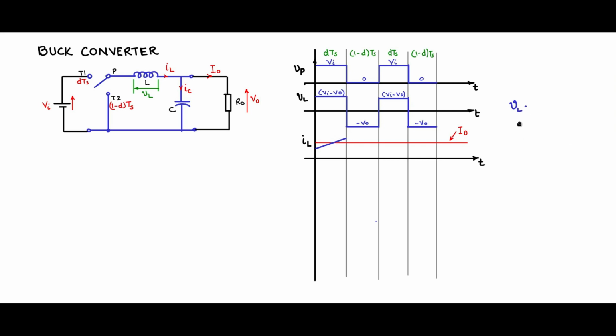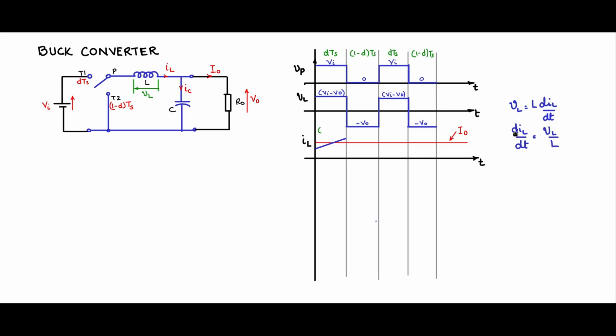That is obtained from the Faraday's law. Voltage across the inductor is given by L dIL by dt. This means that dIL by dt has a slope of VL by L. Now if you see here, the voltage VL during the DTS period is a fixed constant value Vi minus V0. So it is constant. L is a constant.